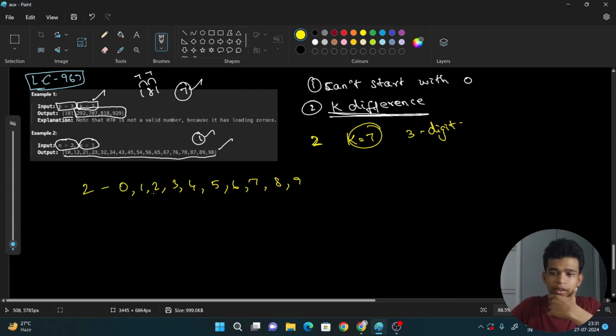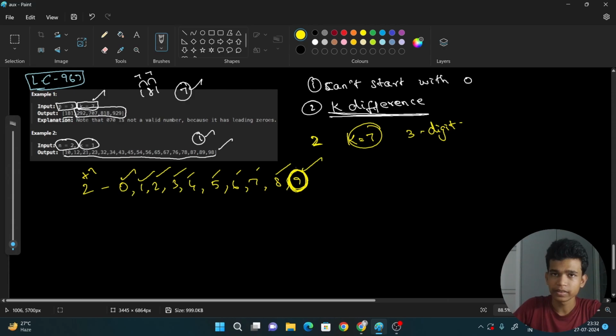When I observe this carefully, can 0 be formed? Is the difference between 0 and 2 equal to 7? No. This one, no. 2, no. But see here, this 9: when I do a plus 7, 2 plus 7 is 9.